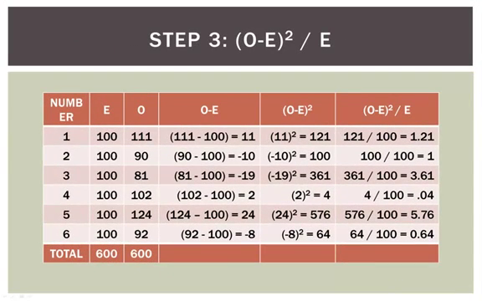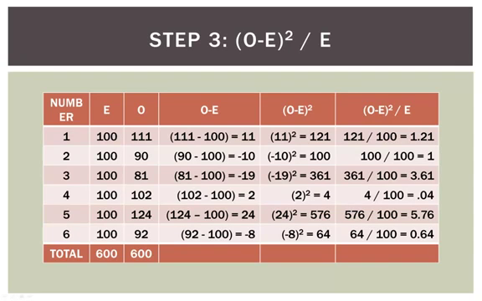Now in step 3, we take what we got in step 2, which was the squaring, and we divide that by what we expected, which is E. Okay? So in all of our cases we expected 100. This is actually very simple division. It's just moving the decimal place. So for the number 1, we had 121 divided by 100. That's 1.21.